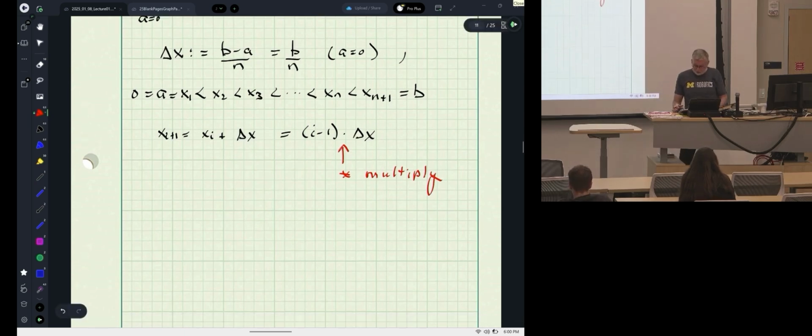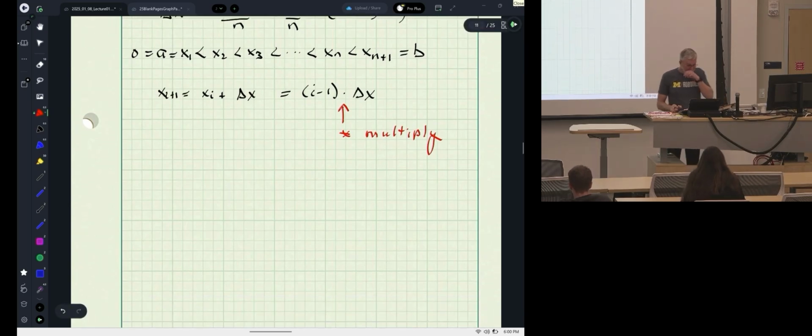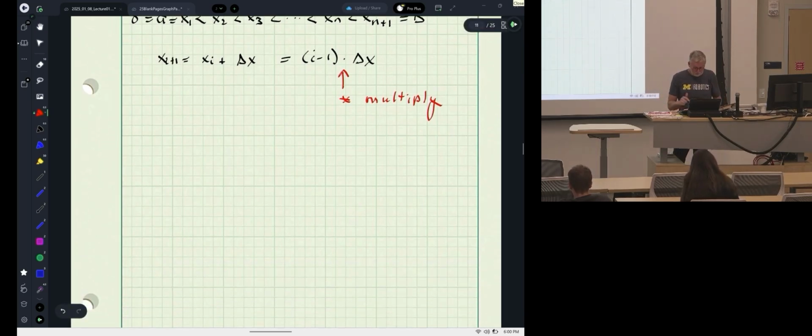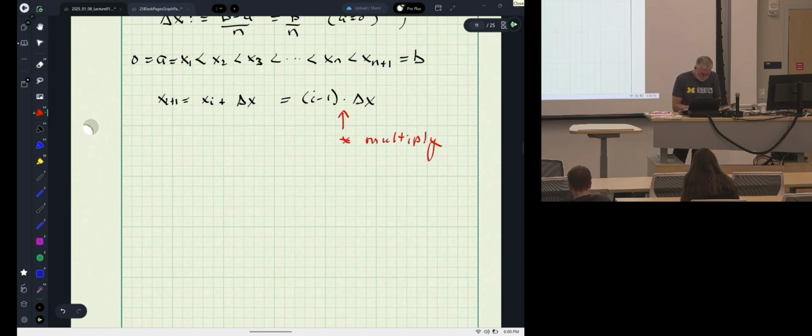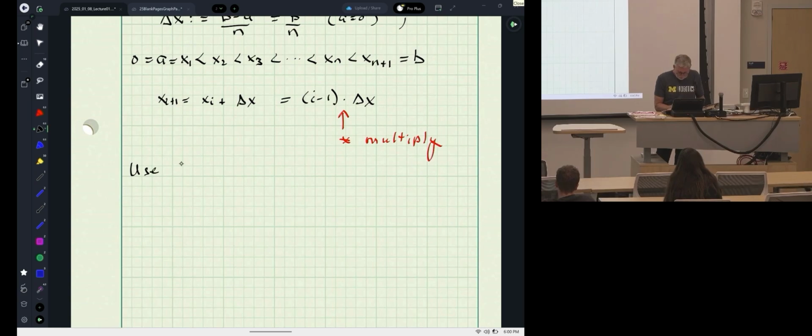Okay, so it's not a cross product, it's not a dot product, it just means multiply. Okay, so we use the intervals x i plus 1 to define rectangles.